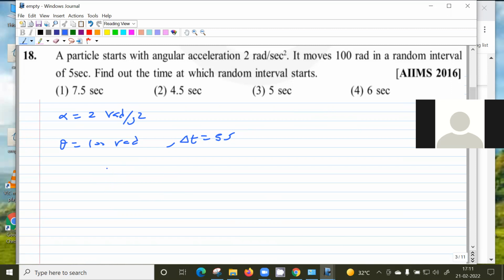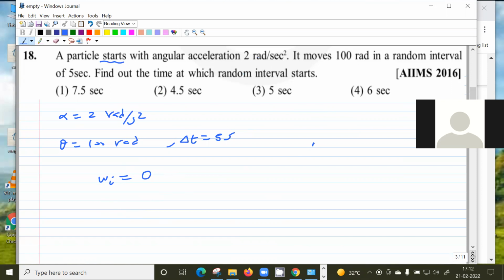What is the initial velocity of this particle? 75, sir. Omega, initial velocity, 0, because it says it starts from rest. Yes, so read the question carefully also. Basically, it's a time interval.